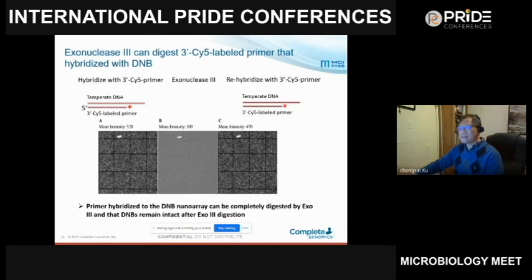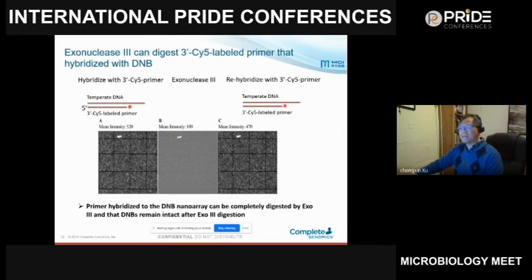But in this case, our DNB's 3' side has a fluorescence label, so we hybridize a 3'-labeled Cy5 primer with our DNB and check whether all the DNBs are hybridized with the primer.